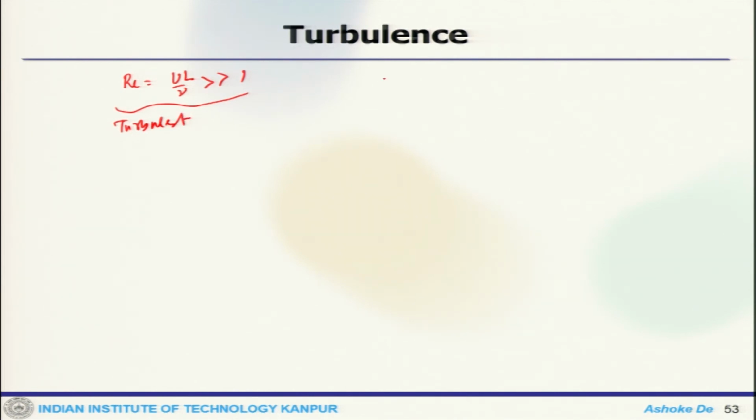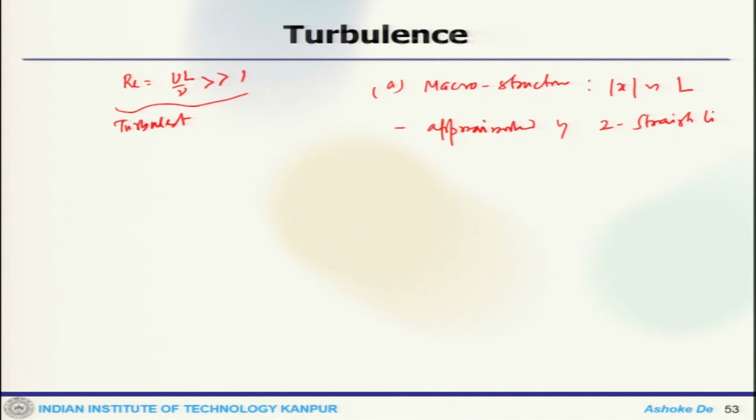Now, the solutions there could be of two types, one could be macro structure, where this would be of the order of length L. So, it can be approximated by two straight lines, and this is independent of viscosity.